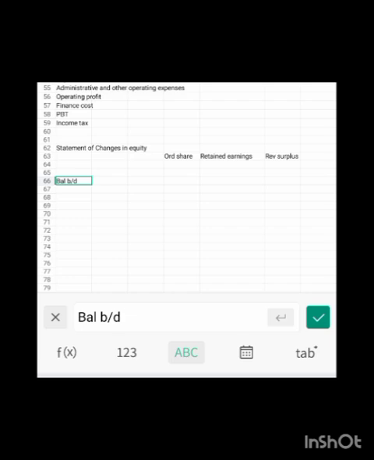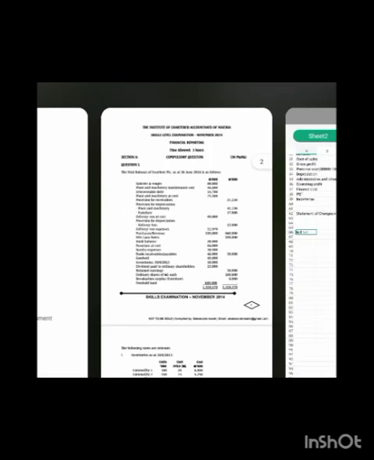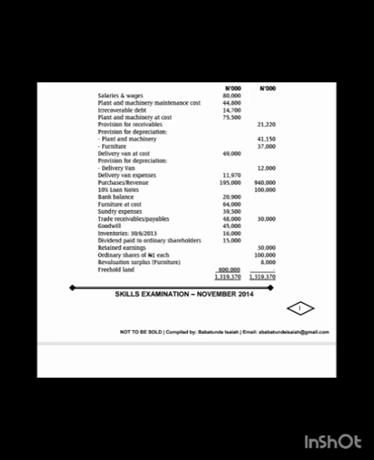So our ordinary share, what's our balance b/d for ordinary share and retained earning? Let's just pick everything once and for all. Balance b/d is the balance we have in our trial balance. Ordinary share of 1 naira each, that is 100,000. Retained earning, that is 30,000. Revaluation surplus, that is furniture, that is 8,000.